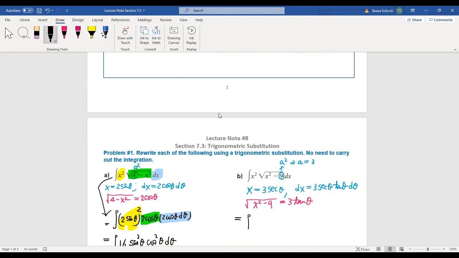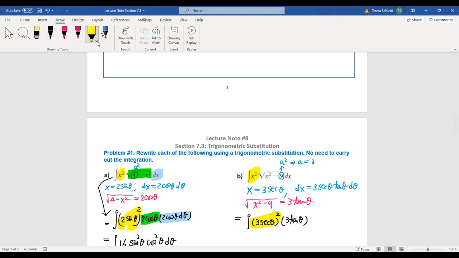So the same way as here. First the x squared term. So what is the x squared? It is 3 secant theta to the what? It's squared, right? So here I color code so you know which one I replaced. And then the square root of x squared minus 9 is here. So this is the 3 tangent theta, right?